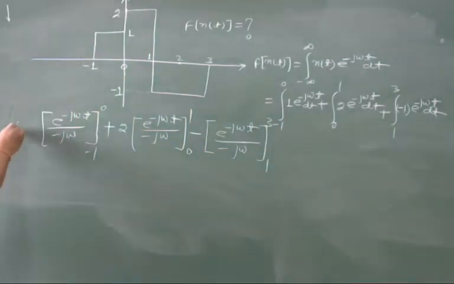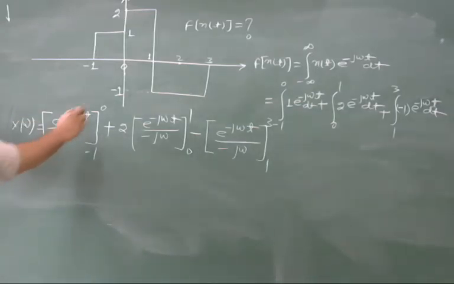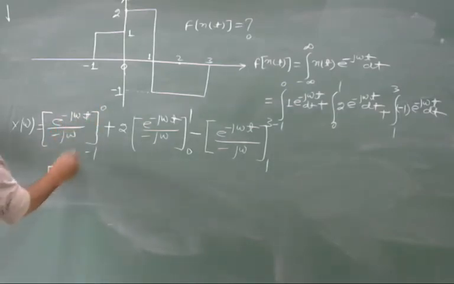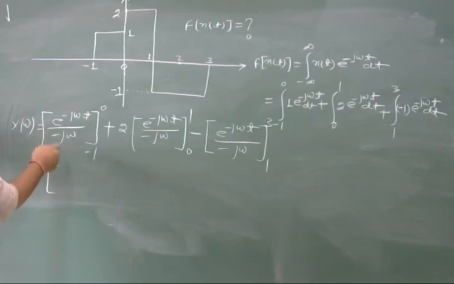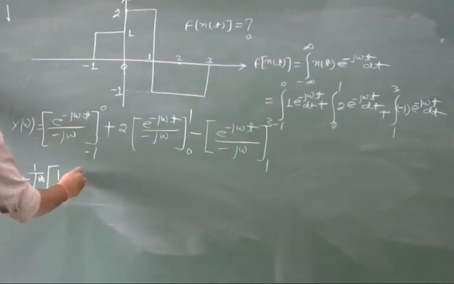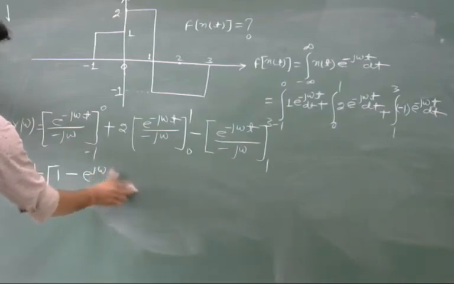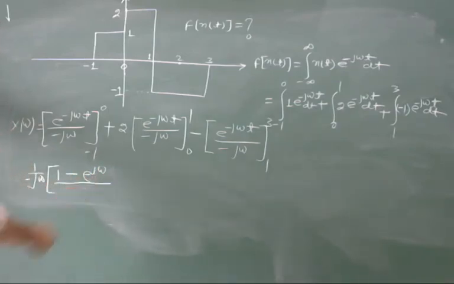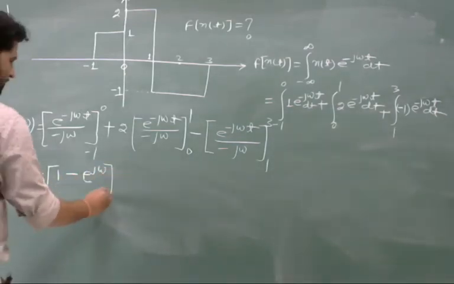Now we have to simplify this. First put the value of t equal to 0. I will take this minus j omega outside of this calculation. When t is 0, this will become 1 minus e power plus j omega, divided by minus j omega outside of the bracket. So this will become 1 minus e power plus j omega.